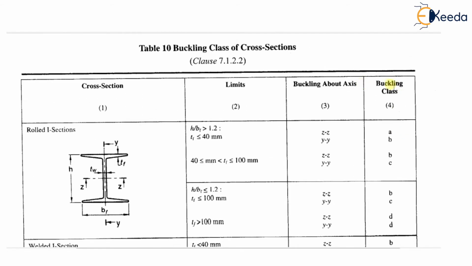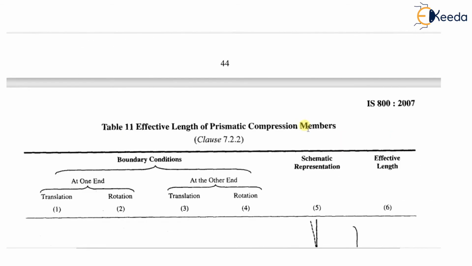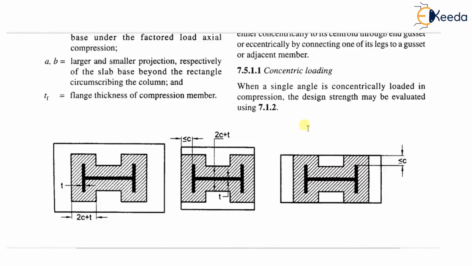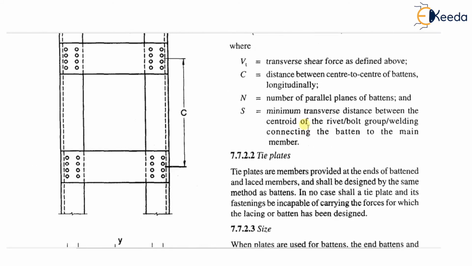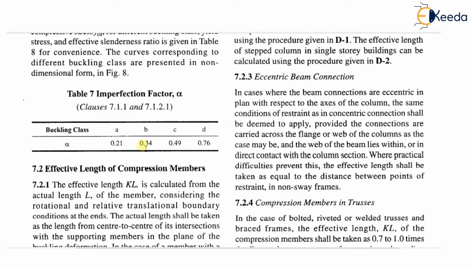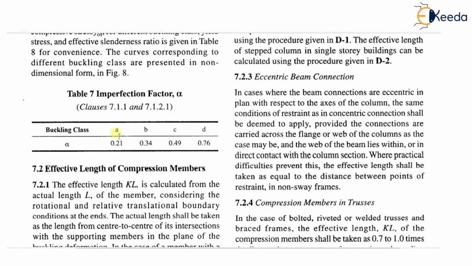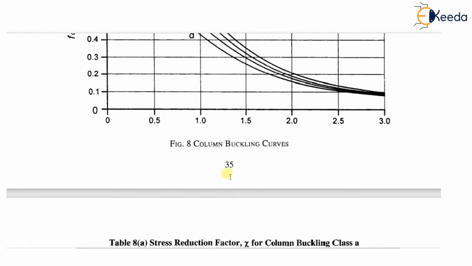So the buckling class for the section is C. For class C, what is the value of alpha? Let's see. I'll show you the value of alpha. They have given it here. Wait a minute. See, this is the value of alpha, table number 7. Buckling class is C, so for buckling class C, the value of alpha is 0.49. On which page number have they given it? 35.